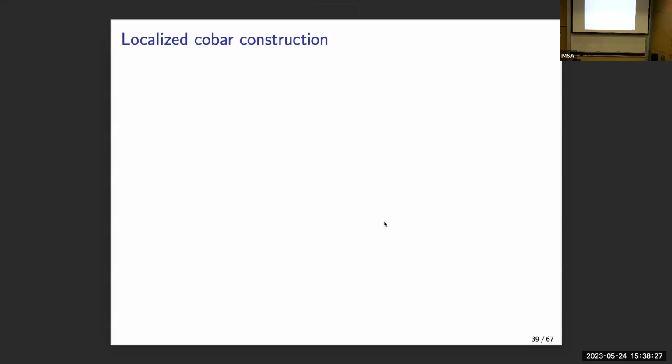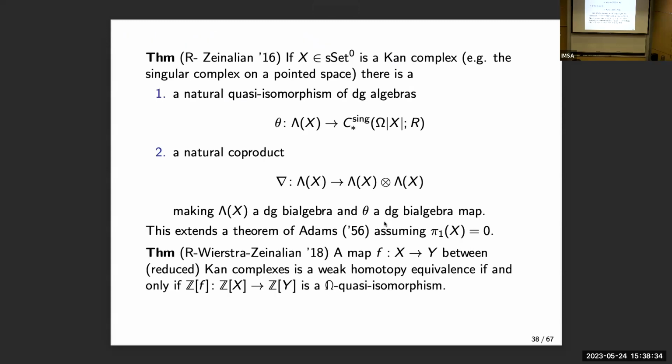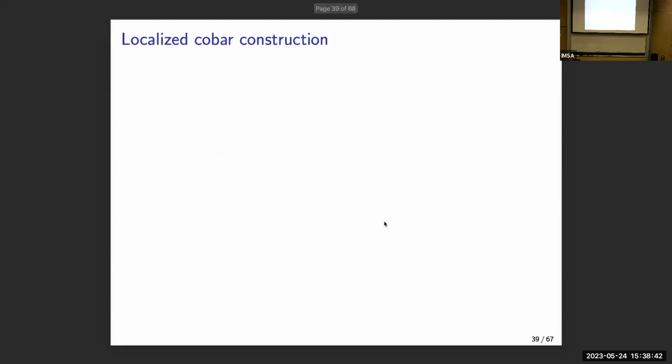And now, what if your simplicial set is not fibrant? There was this hypothesis here. This is not true for an arbitrary simplicial set. What if it's not fibrant? Can we algebraically describe a construction that out of the chains produces the fundamental group?